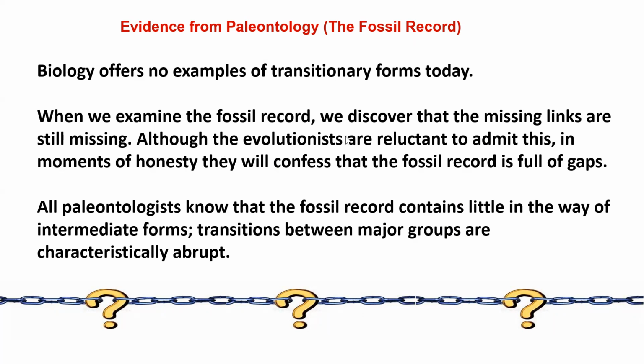Although the evolutionists are reluctant to admit this, in moments of honesty, they will confess that the fossil record is full of gaps. All paleontologists know that the fossil record contains little in the way of so-called intermediate forms, where the transitions between major groups are characteristically abrupt.